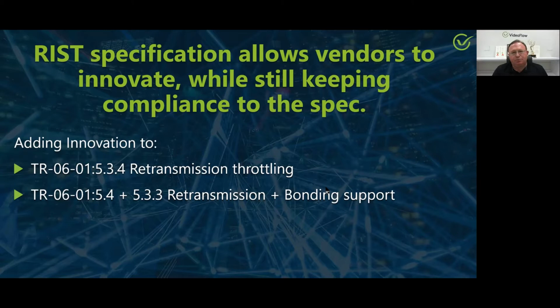This is to assure interoperability between vendors and manufacturers. But the specification also opened the door for innovation, and this will be the focus of this session. I'm going to discuss retransmission throttling, retransmission options, and bonding support as they were designed by VideoFlow in conjunction with the RIST specification.